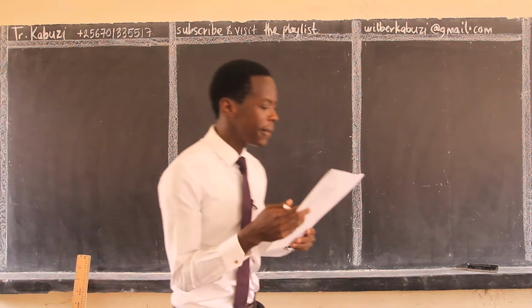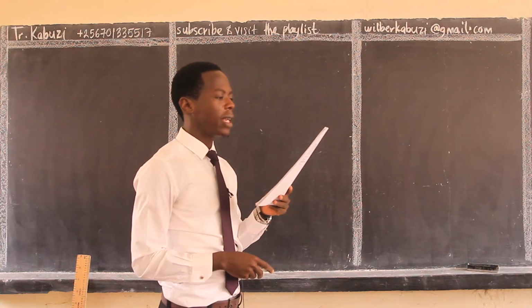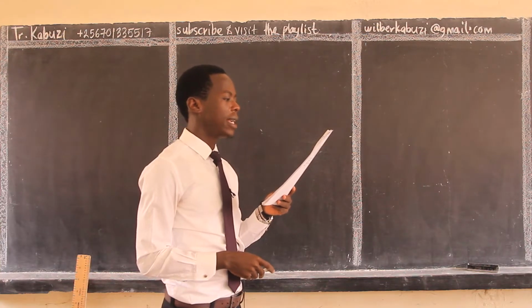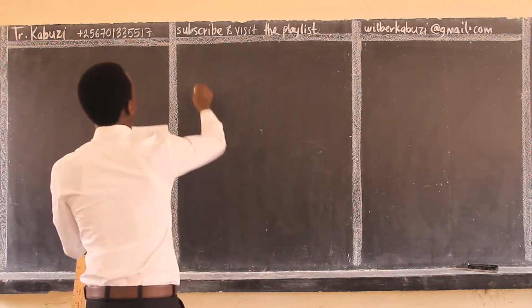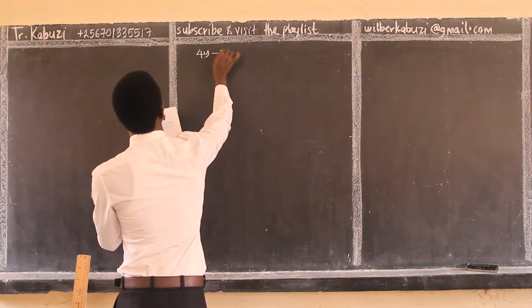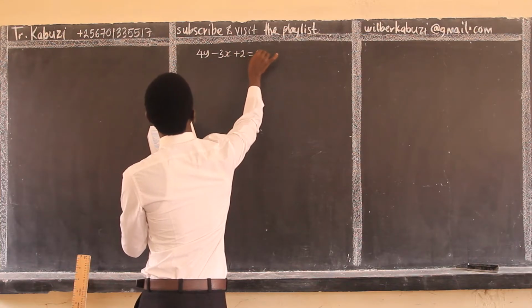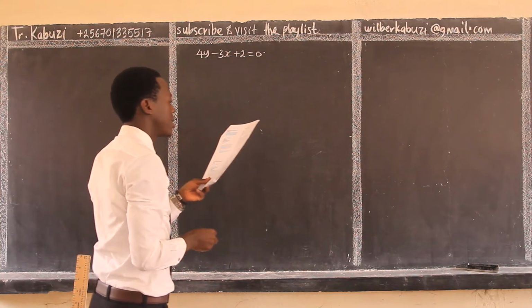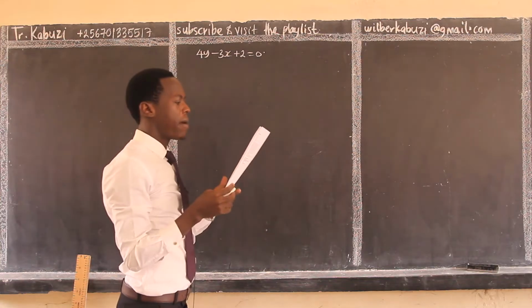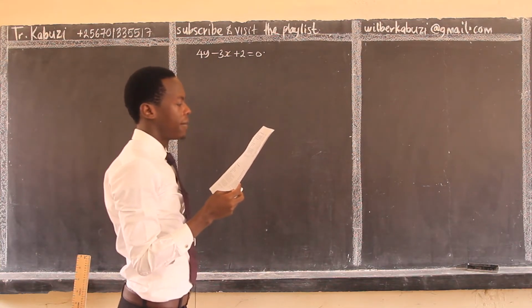So this one says, a farmer is planting 2 rows of crops along a straight line. The first row follows the line 4y minus 3x plus 2 equals 0. The second row must be parallel to it, passing through the point (8, 5).